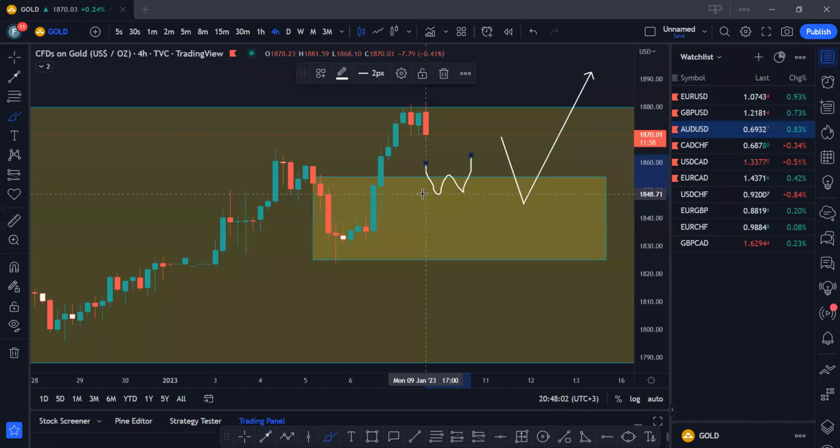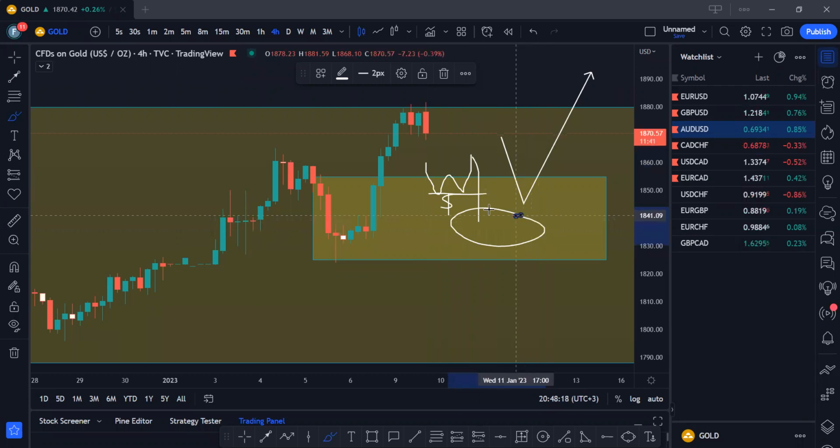So you want to wait for people's stop losses to be taken out. So wait for price to take out liquidity, right? Once that happens, like so, over here, if you see a very good buy setup, you most likely bank a few pips, if not major pips.